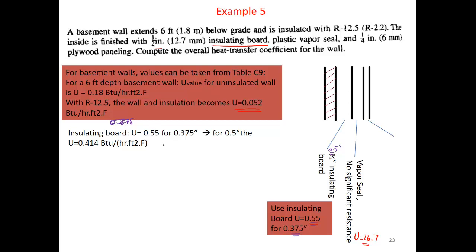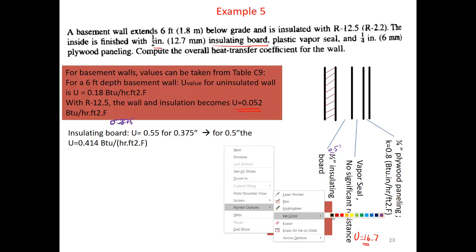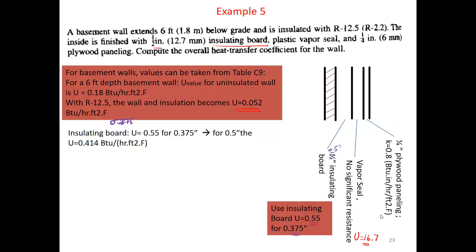So R double prime is 1/0.55, and that's equal to T over K, which is 1.818.